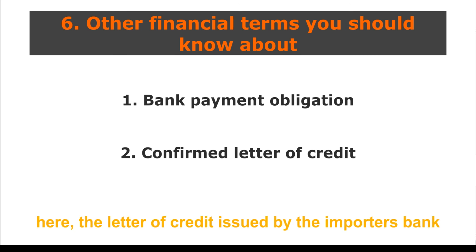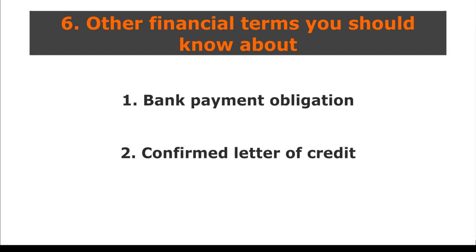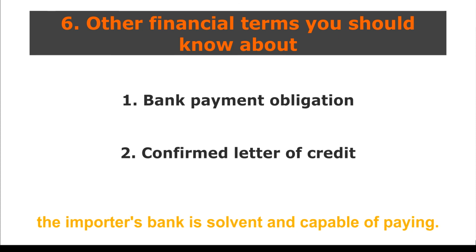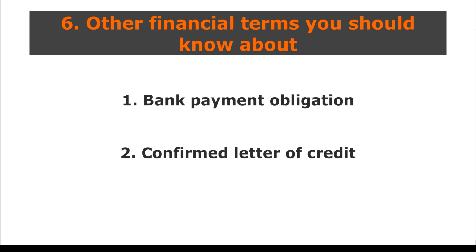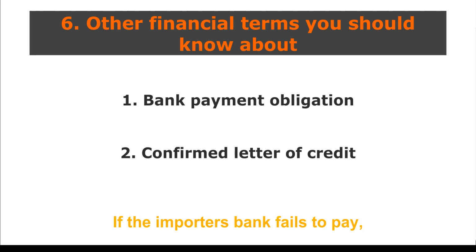Here, the letter of credit issued by the importer's bank is confirmed by another bank of the exporter's choice. The confirmation is more than just checking to see if the importer's bank is solvent and capable of paying. The exporter's bank also agrees to pay the exporter if the importer's bank fails to pay.